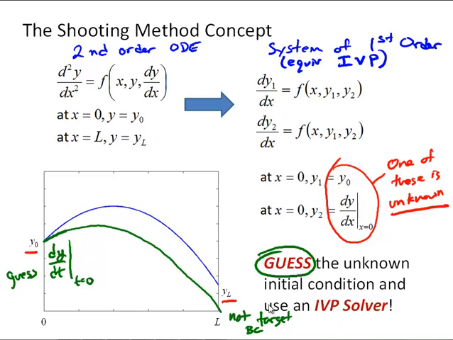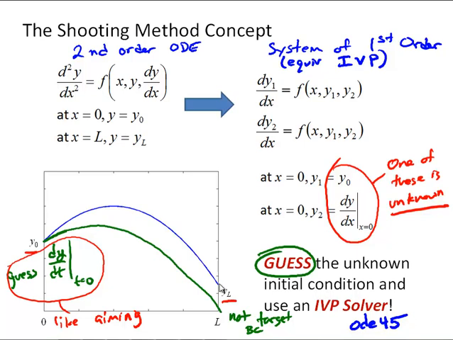This is why it's called the shooting method, because our guess, typically the slope that we're guessing here, is like we're aiming the solution at the target, and then using an initial value problem solver, something like ODE45, to integrate the solution forward and see if we hit our target.